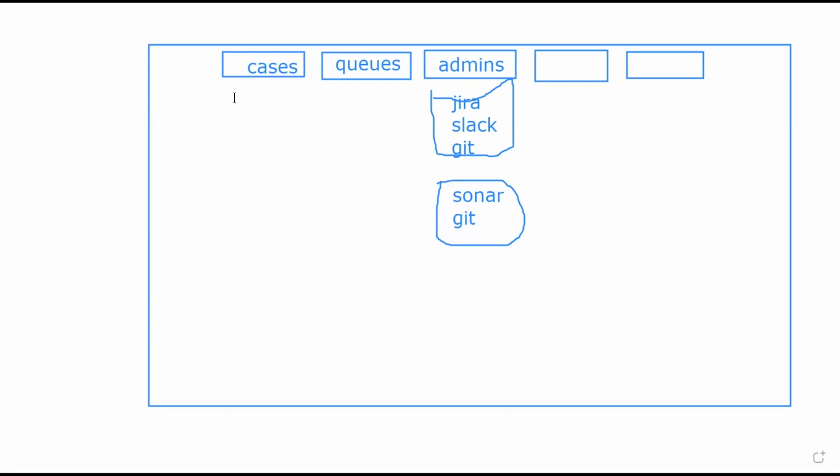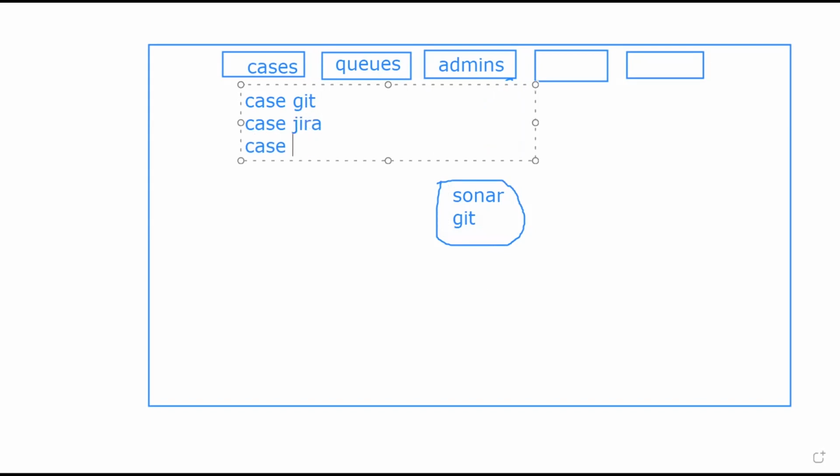There are cases related to Git and cases related to Sonar. Now, Sonar, Git, and Jira are the tools. Suppose in my company I'm using Salesforce to handle the cases or issues that people in my company created for these different tools. Now, what can I do?